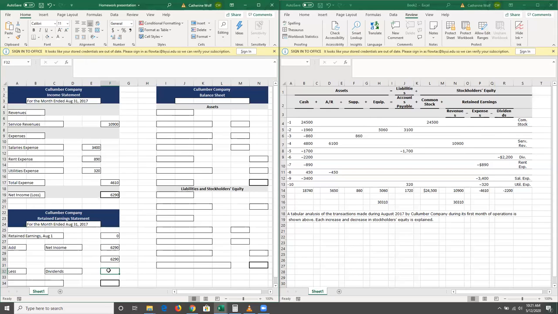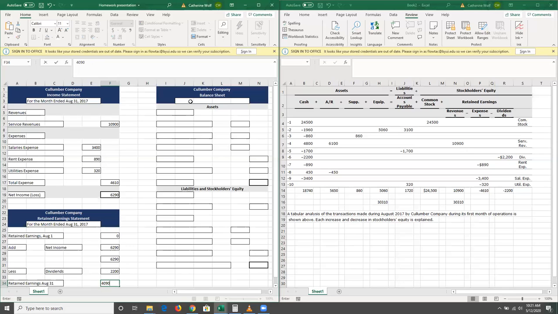Now your dividends were, as you can see, $2,200. So you're going to put that right there. And then your retained earnings for August 31st is then going to be $4,090, because as you remember, you start out with $6,290, you subtract $2,200, and it turns into $4,090.